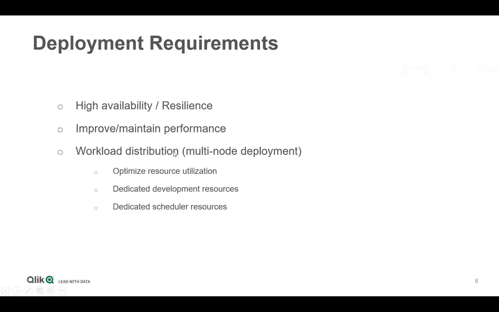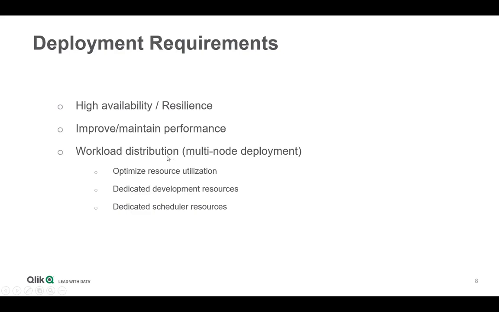Definitely, we need to think about the architecture. We may need to think about increasing the hardware power. And also very important, we need to think about how to distribute the workload. If the workload is not distributed evenly, then it definitely will impact the performance and the server resource consumption.